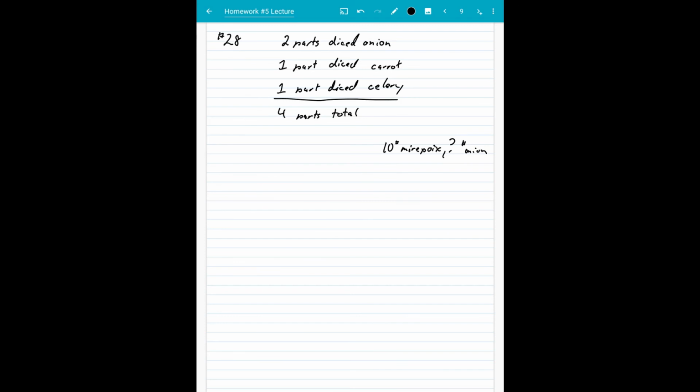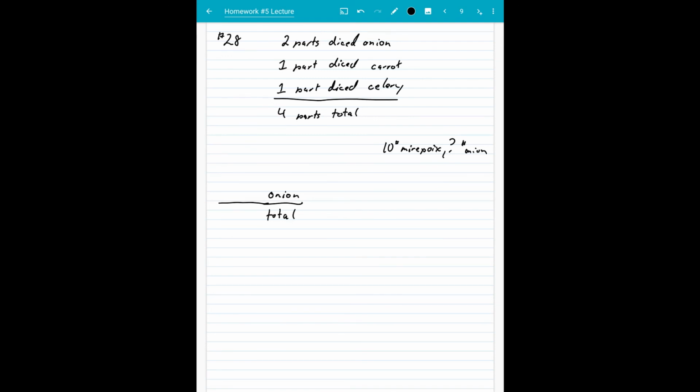So to look at this, notice this is the total for the Mirepoix. We want a total of 10 pounds. So this bottom number represents the total. So we need an onion to total ratio. So I'm going to do onion to total ratio.